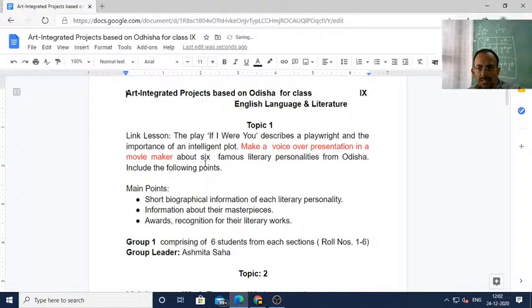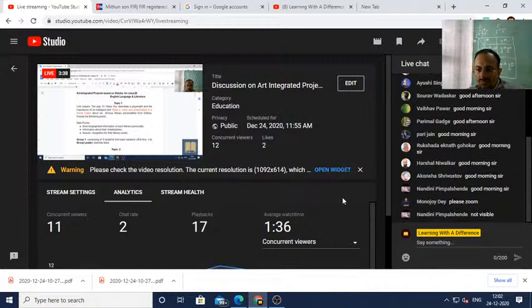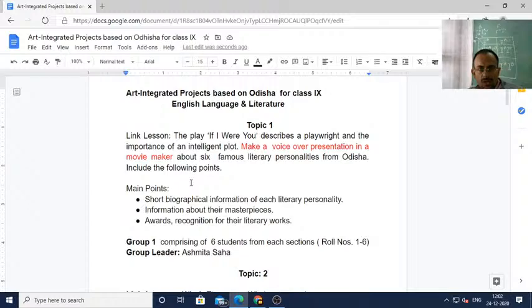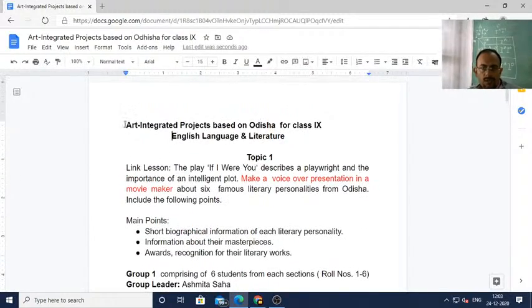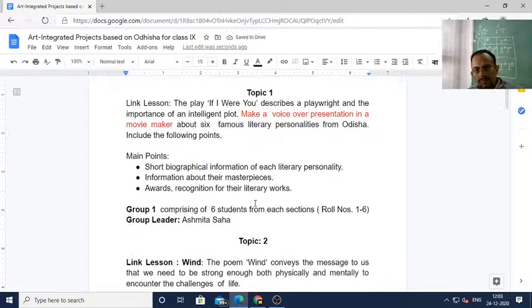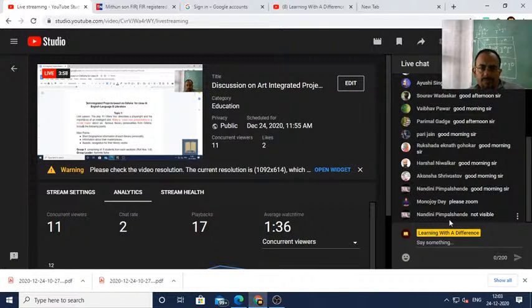Dear students, as you can see right in front of you, the art integrated project based on Orissa, topic 1. I have zoomed. I hope it is visible now.